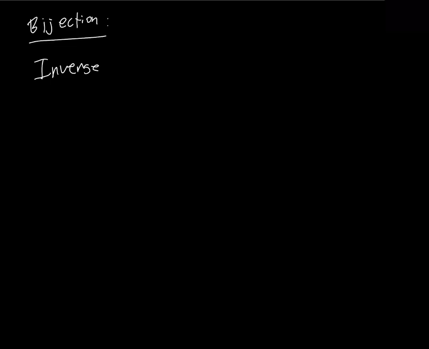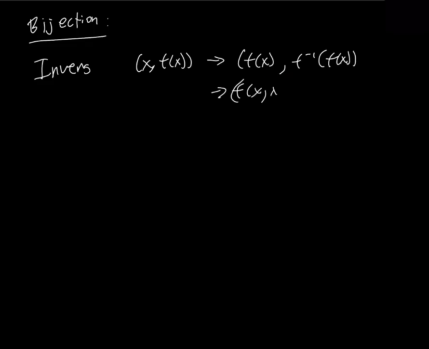Like if we have a pair (x, f of x), we have a pair (f of x, f inverse of f of x), which is just x. So an inverse means that if we have f composed with its inverse, we get back the identity. And if we have the f inverse composed with f, we get back the identity. It's important for it to be both a left inverse and a right inverse for it to be an inverse.